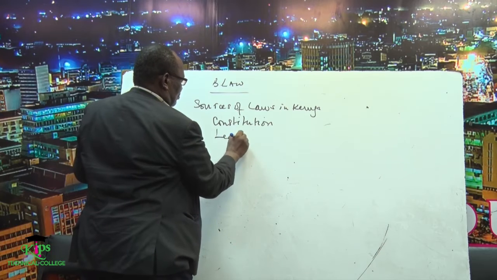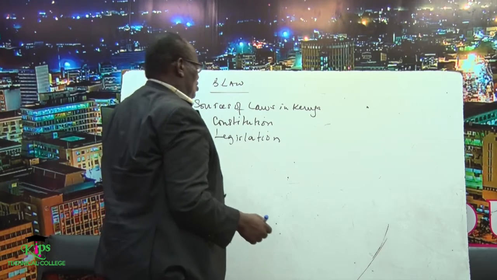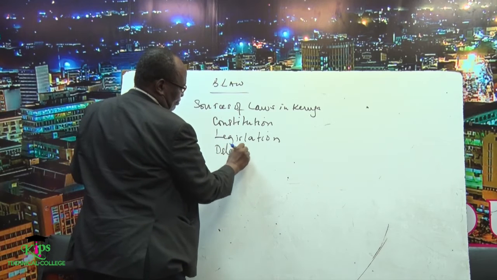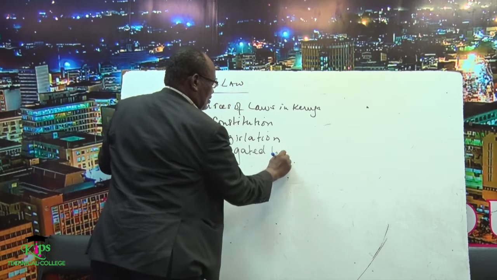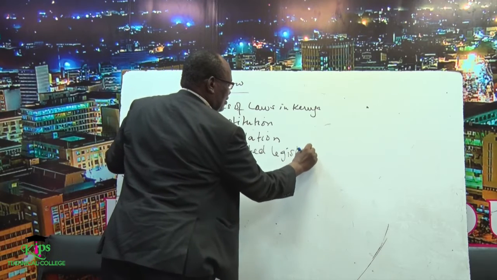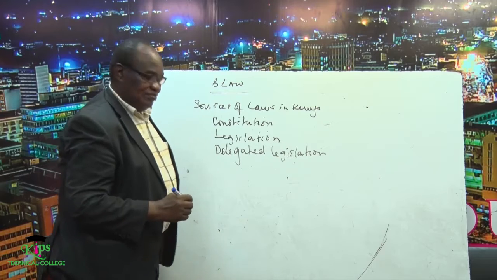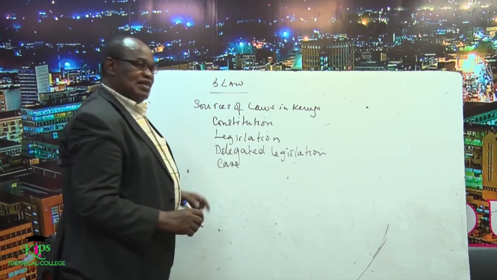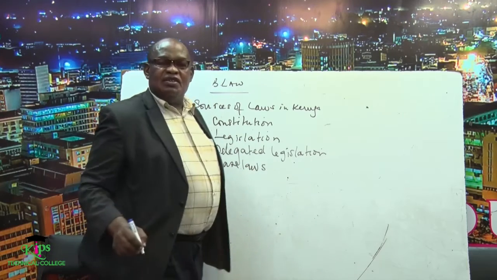Legislation, that's the parliament, or acts of parliament, or statutes. Then you have delegated legislation. Then we have case laws. These are precedents. Case laws, that is the judge-made laws.